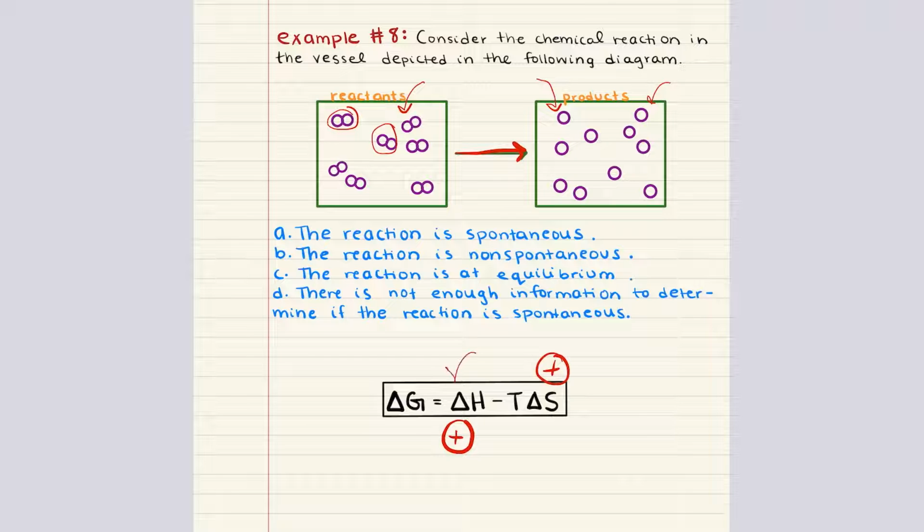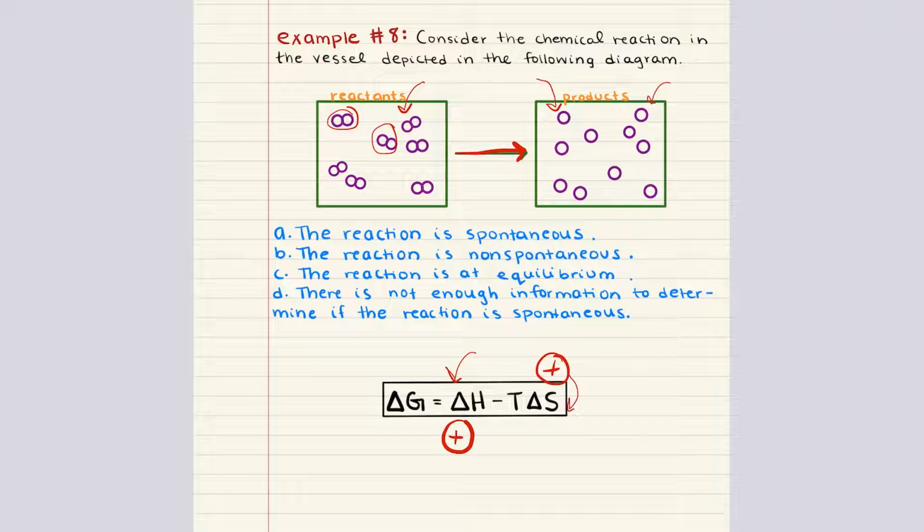Now, if enthalpy is positive and entropy is also positive, what delta G is going to be depends heavily on temperature, and that's some information that we actually don't know. So again, this is going to be a temperature-dependent process if we know delta S and delta H are positive, and again, without temperature, we cannot determine the sign of delta G.